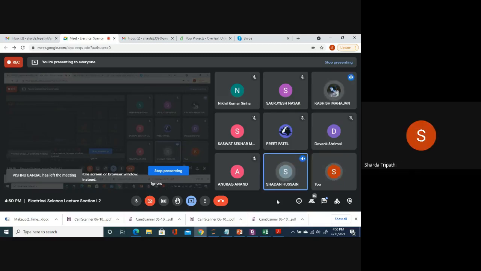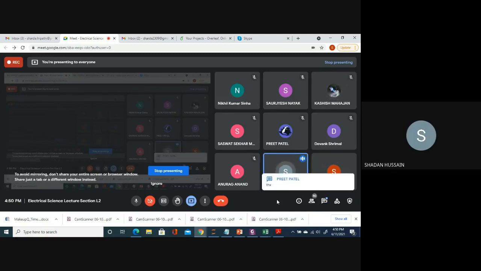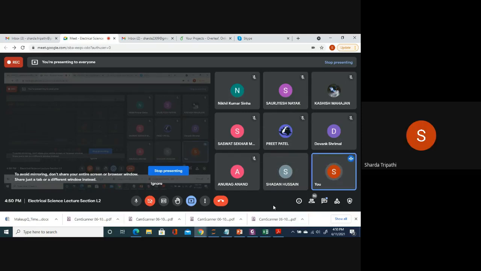Ma'am, in the section, within the topic, there is a section called transistor switching times also. So that is not there, right, in the syllabus. Transistor switching time, in which chapter is it? In FET or BJT?